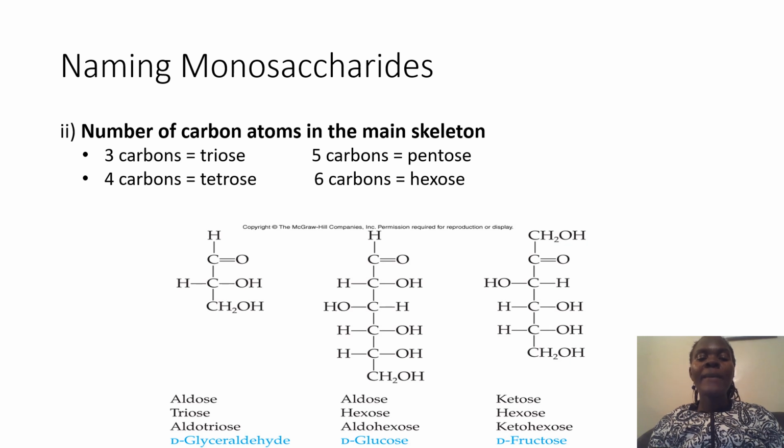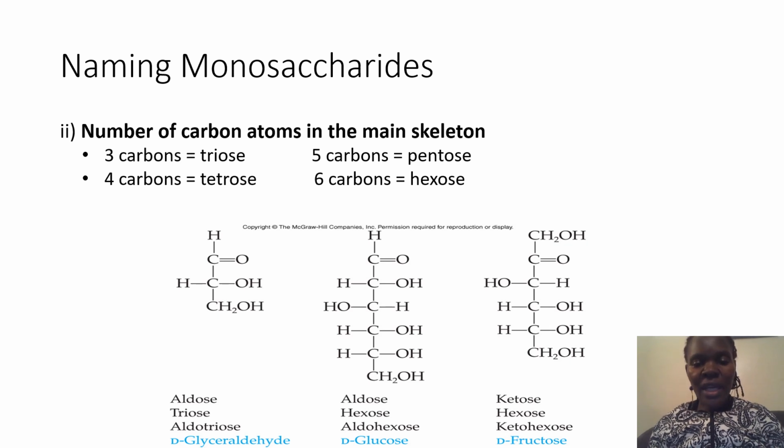So 3 carbons is a triose, 4 carbons a tetrose, 5 carbons a pentose, 6 carbons a hexose. That's how simple it is. Glucose and fructose have 6 carbon atoms, so we name them hexoses.